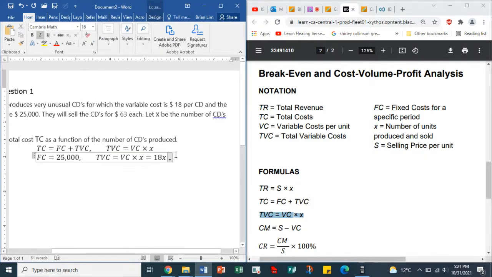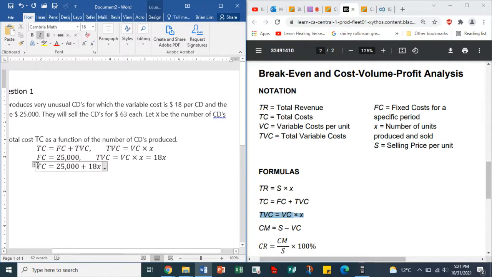Let's move ahead. Let's go down and we can put them back in there now. The total cost is equal to what? The fixed cost is 25,000, and then plus variable cost is 18 times X. So this is the answer for the total cost.